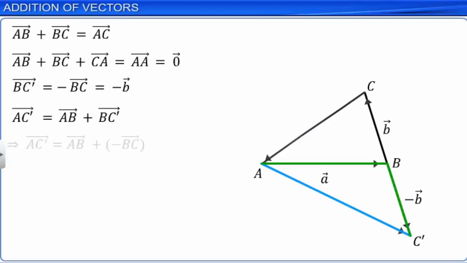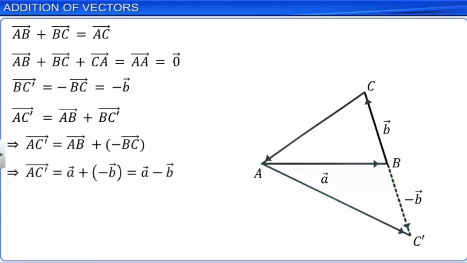We know that vector BC' is equal to negative of vector BC. Substituting the values of vectors AB and BC, we find that vector AC' is equal to vector A minus vector B.